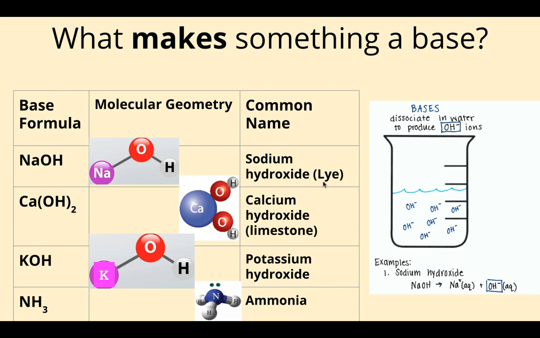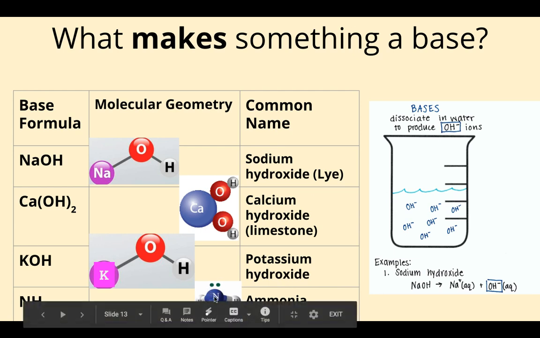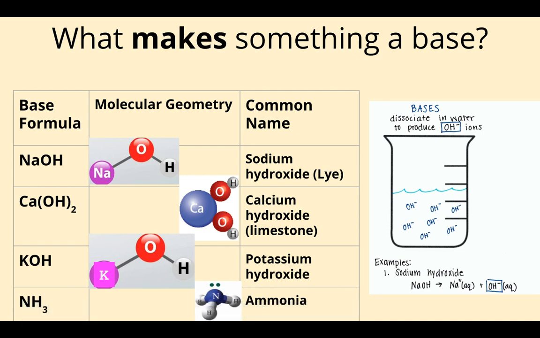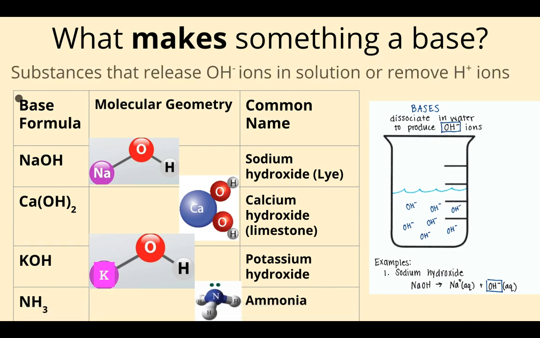So if you look at ammonia, can you figure out how it might remove a hydrogen ion? Yep, you got it. It has to do with that lone pair of electrons. That negative charge is going to pull a proton towards itself, and it will become NH4+, or ammonium. So bases, two things: they can either be substances that release hydroxide ions in solution or ones that remove hydrogen ions.